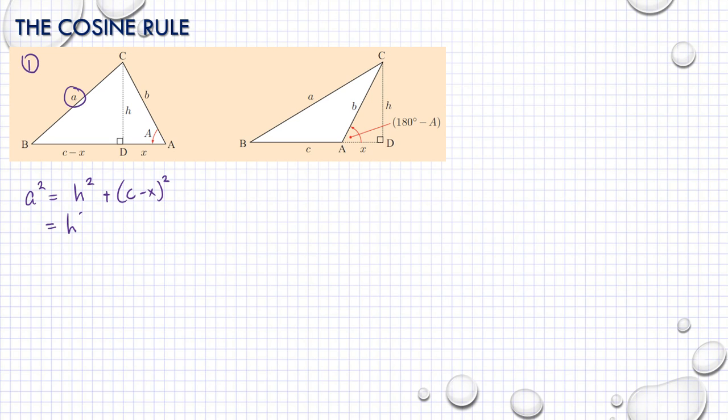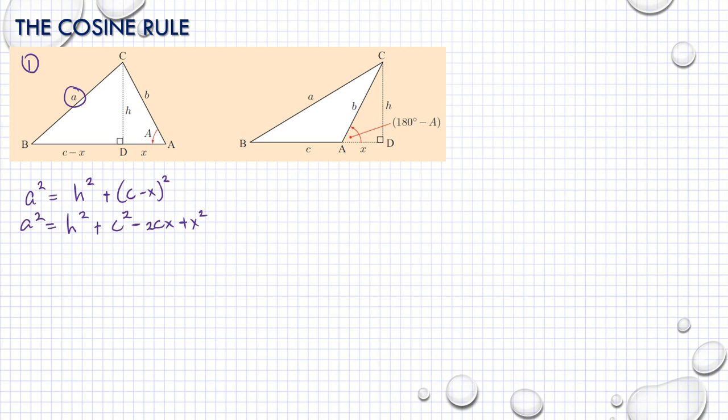And if we simplify that, we have C squared minus 2CX plus X squared. That is our A squared. But we can also find the height. You can see I only want to find the length of A if B and C are given.